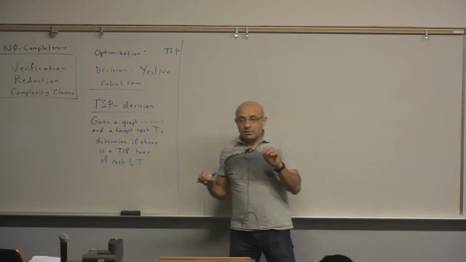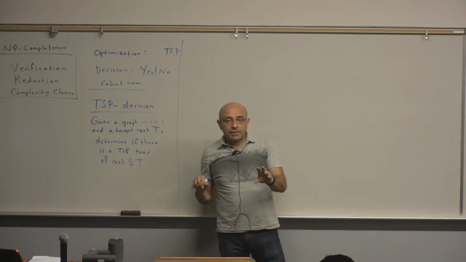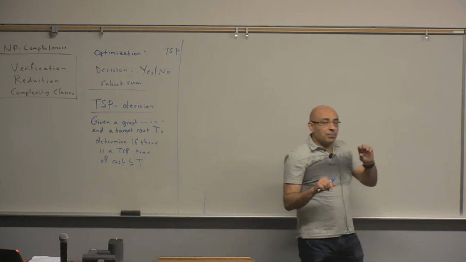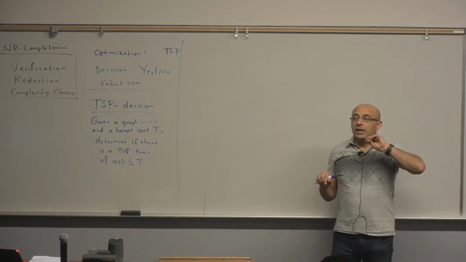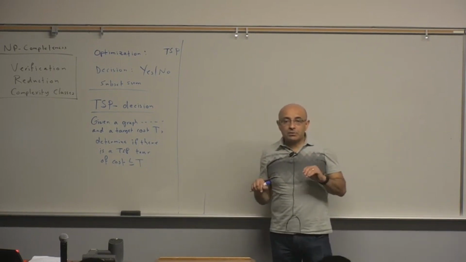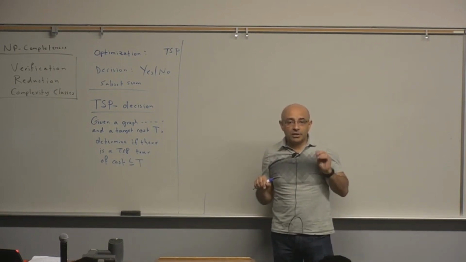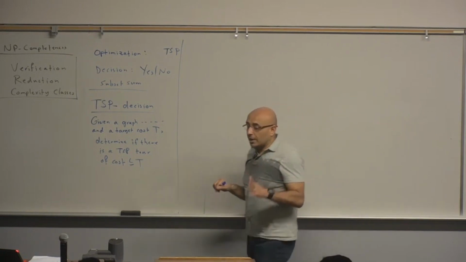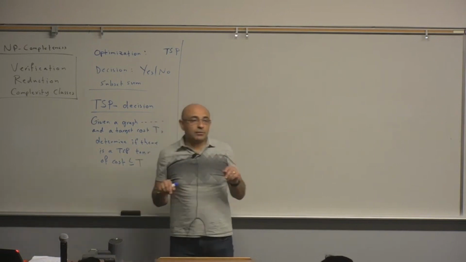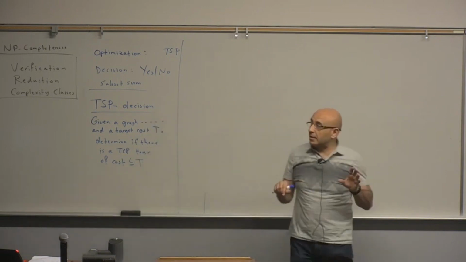So you are given a problem and someone gives you a proposed solution, and your job is to determine if the proposed solution is correct or incorrect. The question is, can you do that in polynomial time or not? So let's see if we can do that for the problems that we have studied last time.